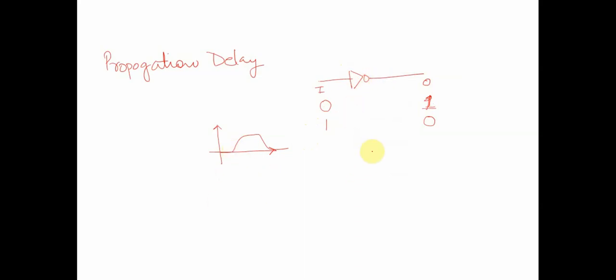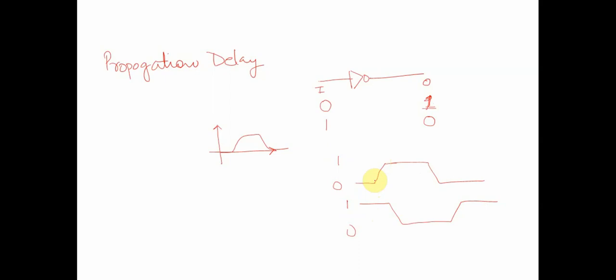So let's assume the input went from 0 to 1, this is a 0 level, this is a 1 level. And the output was 1, it went to 0 over here, and then it ramped up to 1, correct?